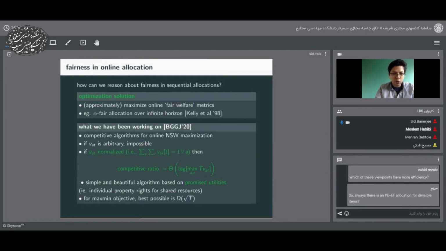So what can you do if you don't have any Bayesian assumptions? If these values are truly arbitrary and you still try to maximize, say, the Nash social welfare, then how well can you do? Short story, you can get something like a log T approximation, and this is the best. For most other objectives, something like max-min is actually really bad in this sense. You can't even get better than square root T, whereas with Nash social welfare, you can get pretty close even without knowing any information.